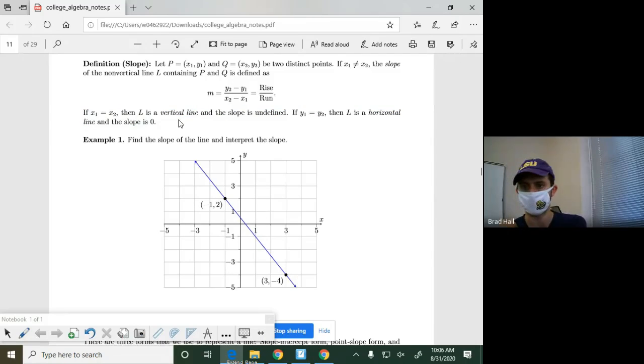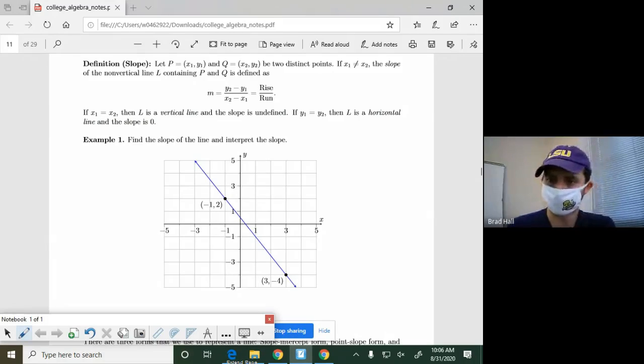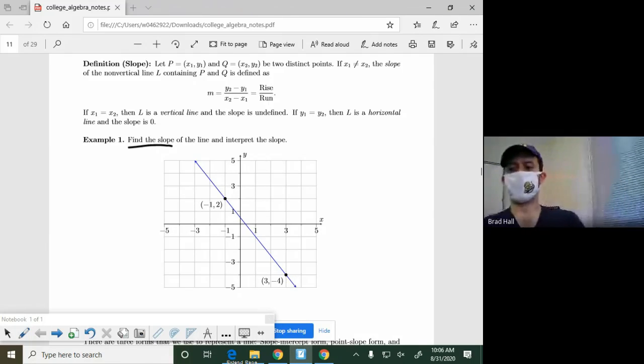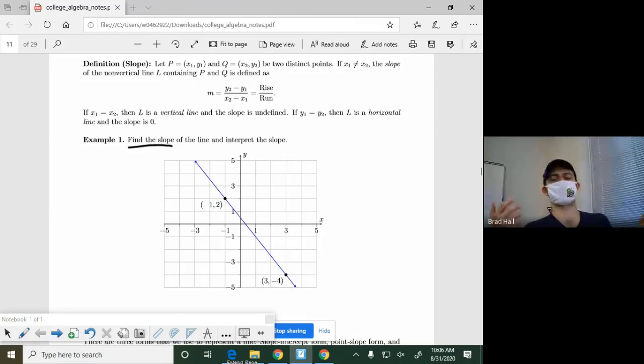So let's see. Maybe I can keep everything on the screen here. So let's go ahead and do example 1. So it just says, find the slope. And it also says interpret the slope, which I'm just going to verbally explain what a slope is. A slope tells you how sharp or dull the incline or decline of a line is.